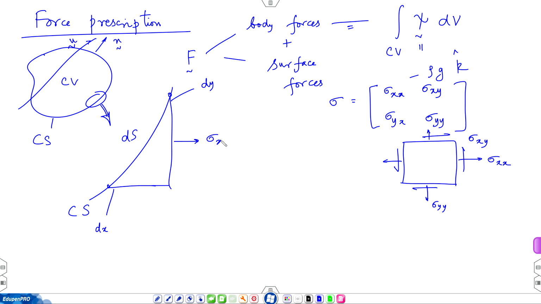So, sigma xx, sigma xy, sigma yy, sigma yx. So, using the notation, those are the stresses acting on the element ds, but now we have shown it in component form.